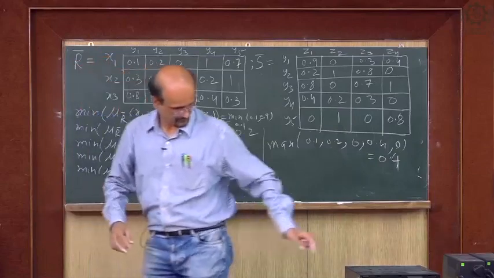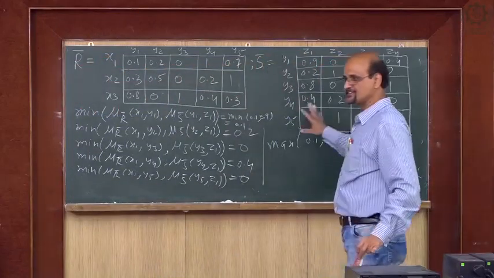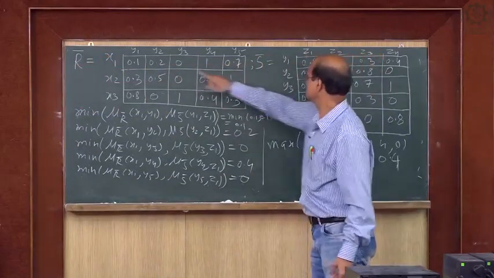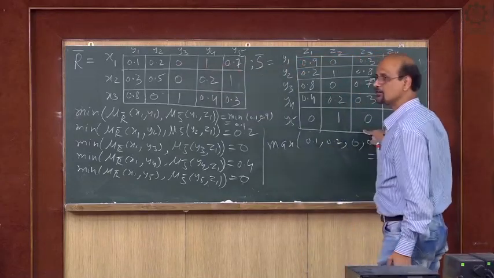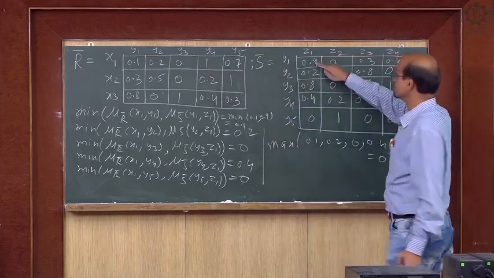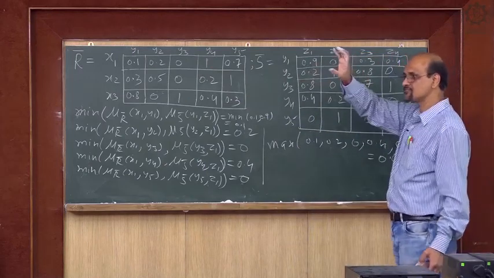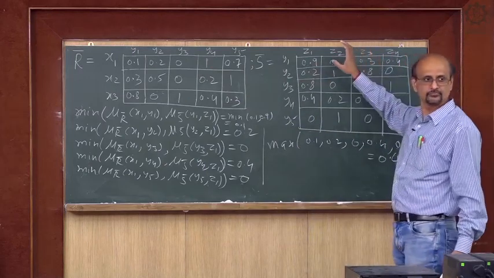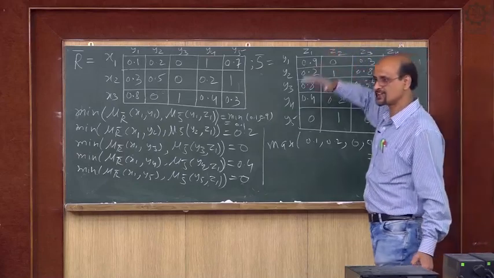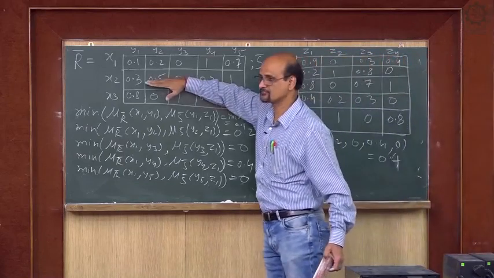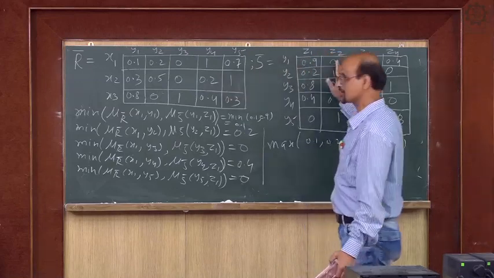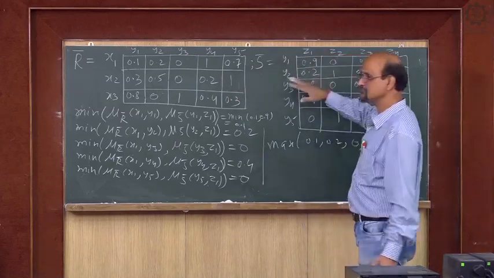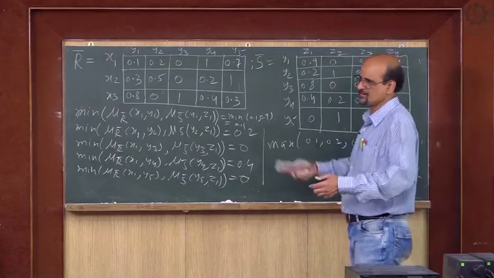If I do all these calculations, first row, third column, first row, fourth column, you will get the first row of R dot S. For the second row, you will have second row first column, second row second column, second row third column, just as you do in matrix multiplication.